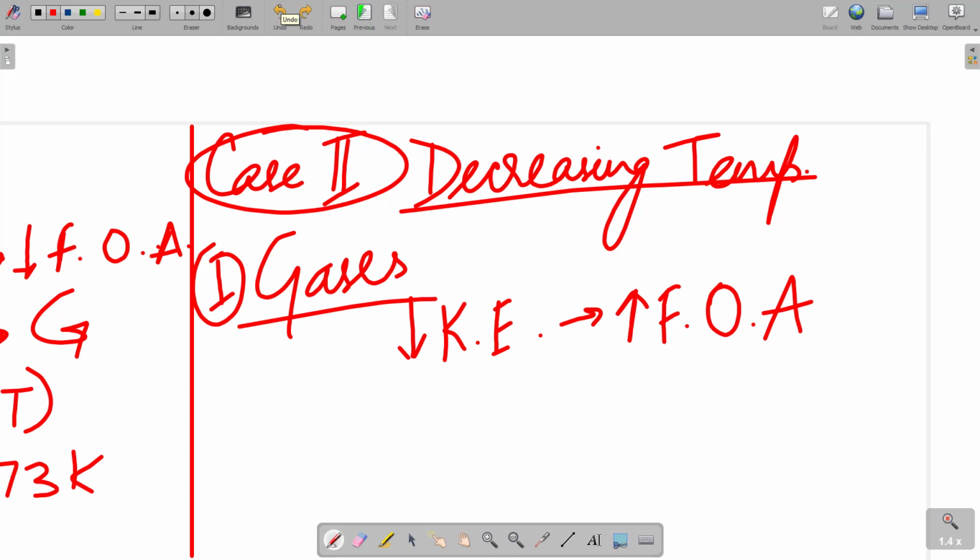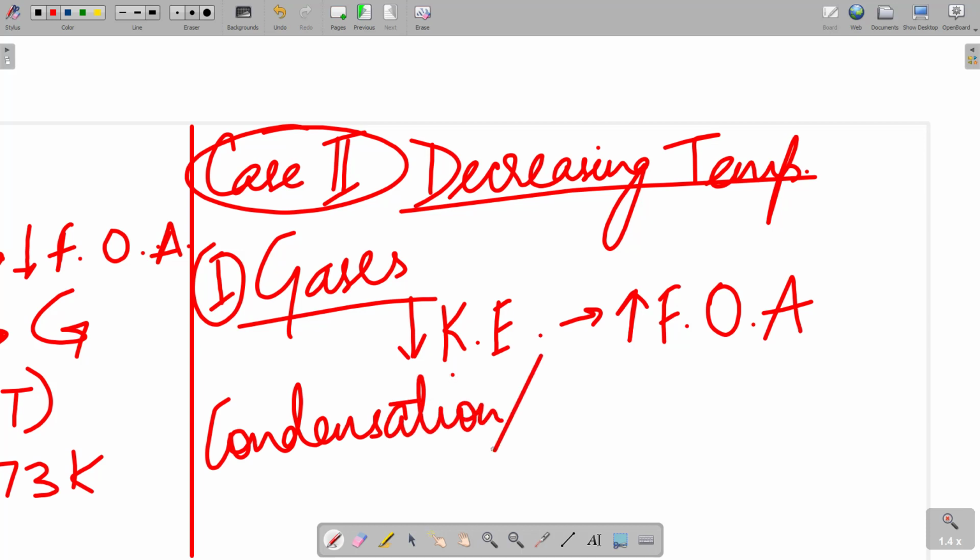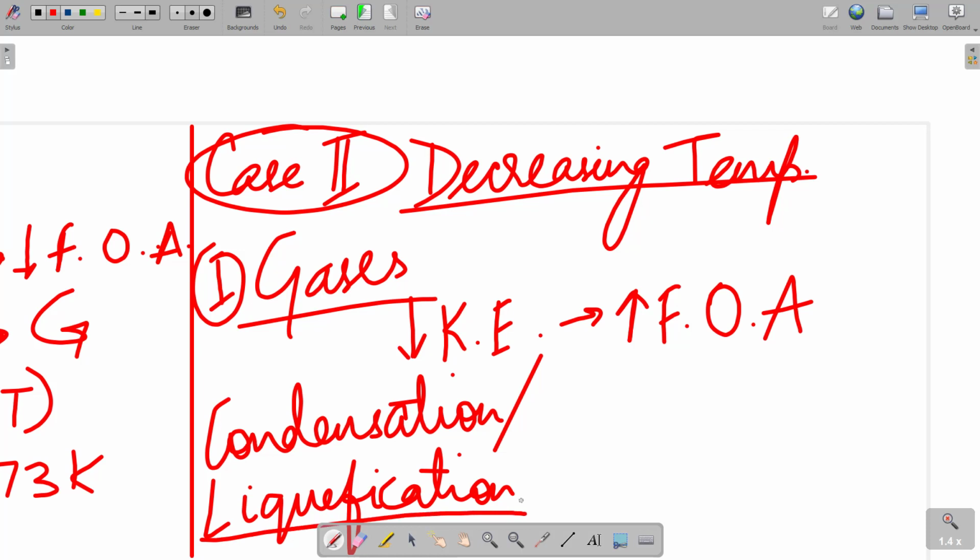Since they are coming closer to each other, we would call it condensation, or we may also call it liquefaction, right? Condensation or liquefaction is the same process that happens in the formation of clouds as well.